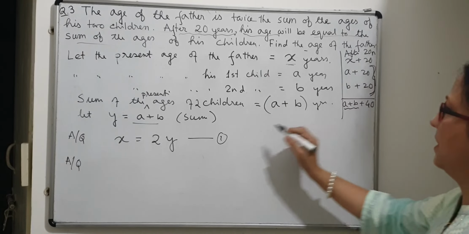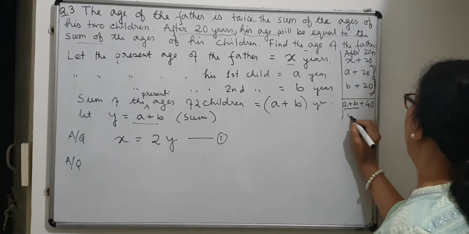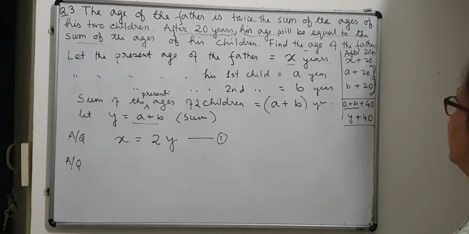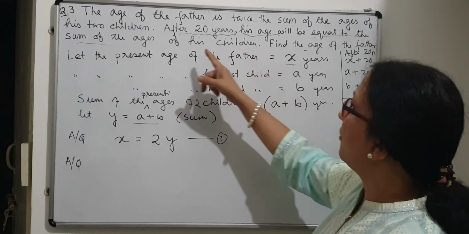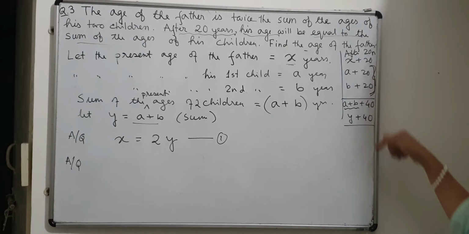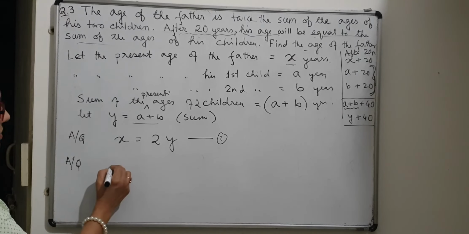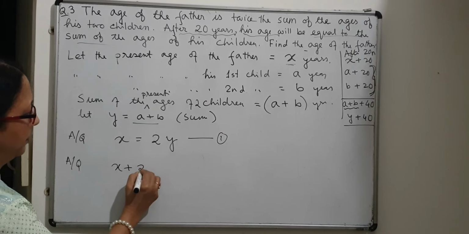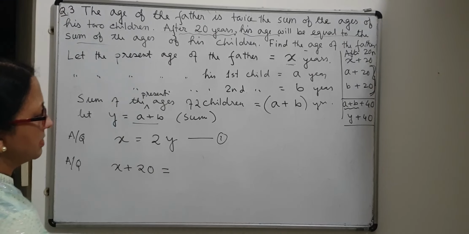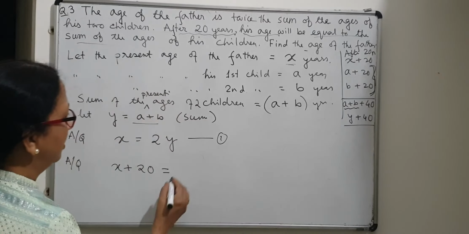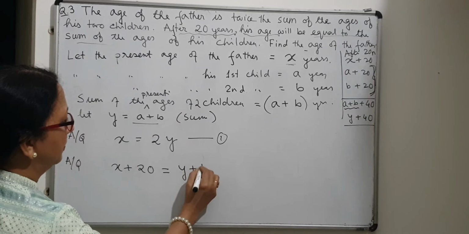This A plus B I have taken as Y, so Y plus 40 will be the sum of the ages of the two children after 20 years. So I can write: after 20 years, the father's age X plus 20 is equal to the sum of the ages of the children, that is Y plus 40.